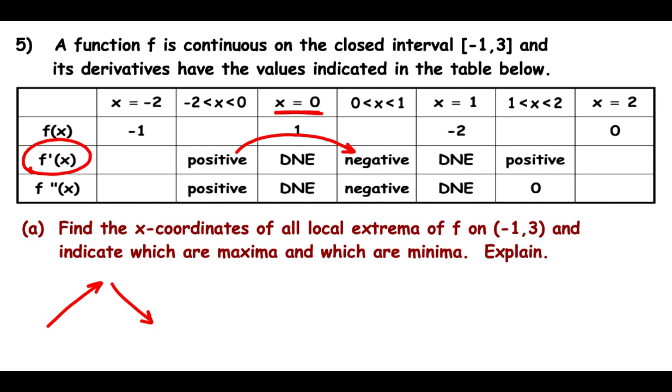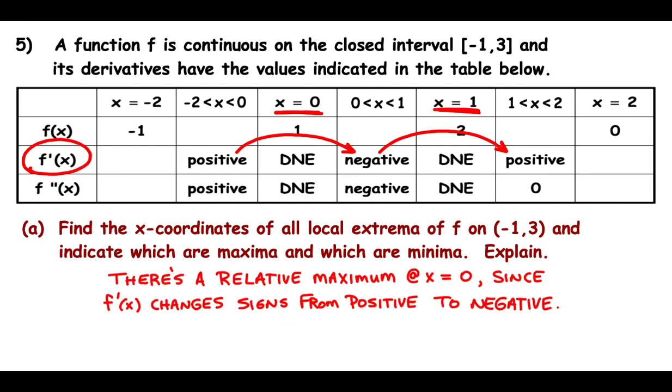And then similarly, at x equals 1, the first derivative is changing signs from negative to positive, so the slope was negative, then positive. That would indicate a min right there, which is exactly what we saw from the graph. So I simply have to put that in writing in a way that College Board would give me full credit on such a problem. So let me do that now.